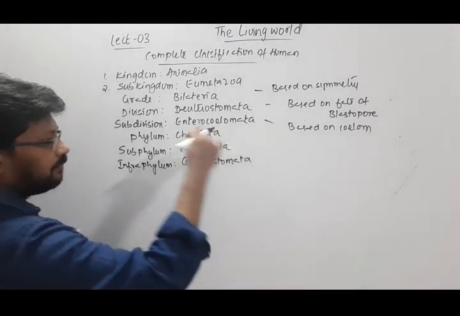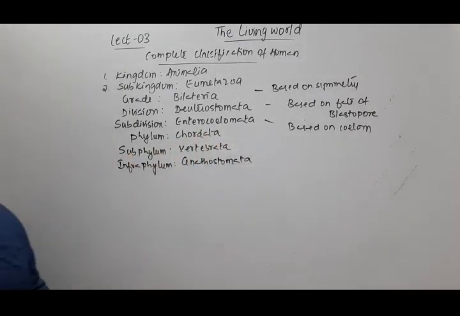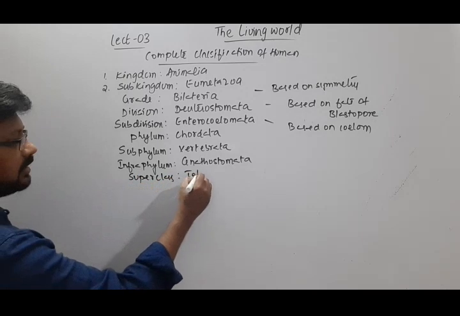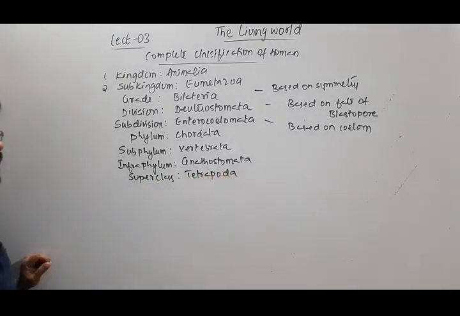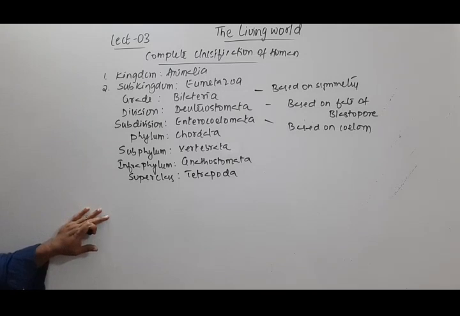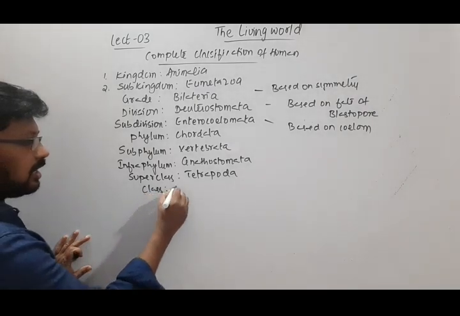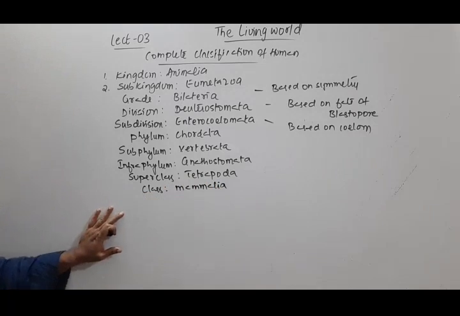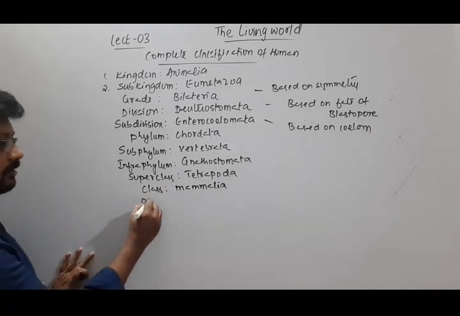Remember, from the animal kingdom chapter, Gnathostomata means the animals that have jaws. Then coming to the superclass, it is Tetrapoda, because we have four appendages. Then coming to the class, we know it already, it is Mammalia.